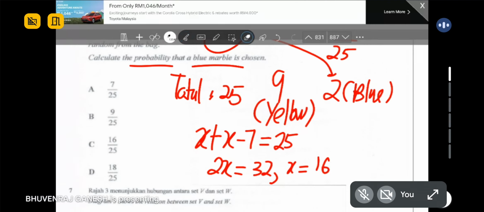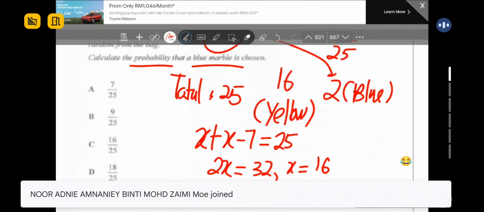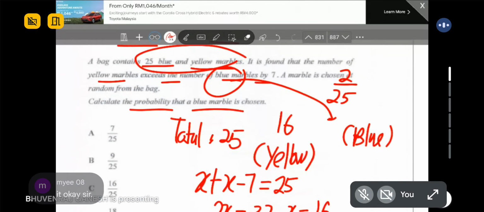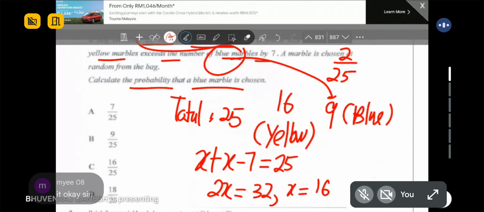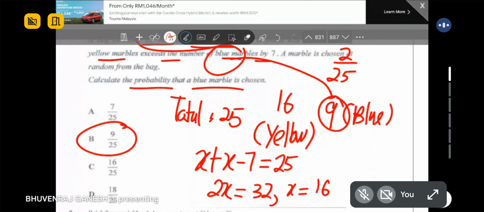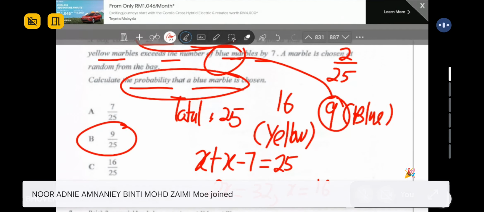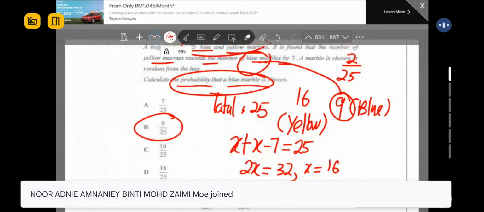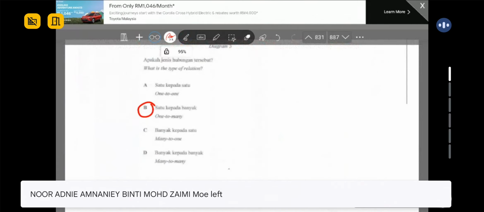Kalau buat pengiraan guna otak kadang-kadang salah. So this one is 16. This one is 14. Sorry, this one is how much? This one is 9. 9. So you will get blue is 9 lah guys. 9 per 25. Correct. Okay, the number of blue marbles divide total. Okay, jumlah biru bagi jumlah keseluruhan. Sama dengan kebarangkalian guli biru. Okay? Alright. So next one.